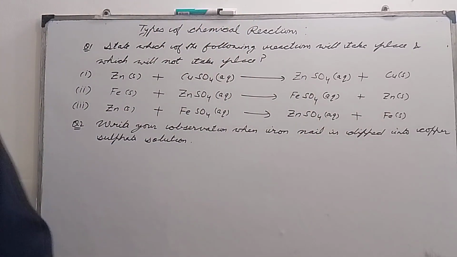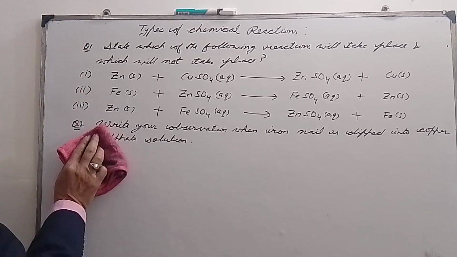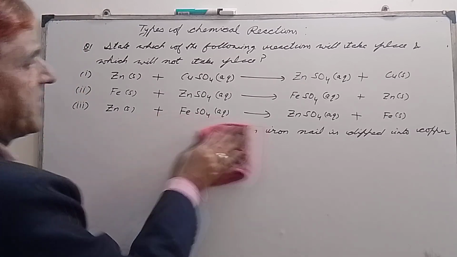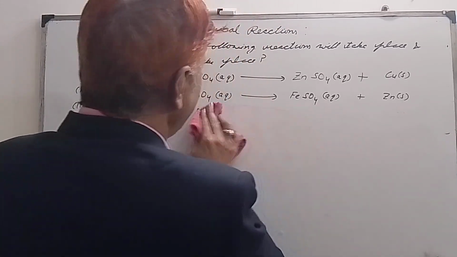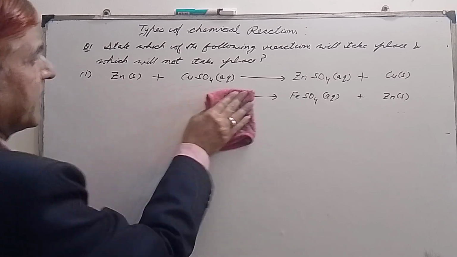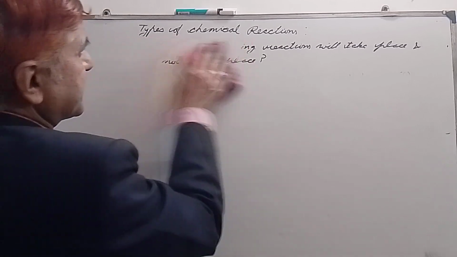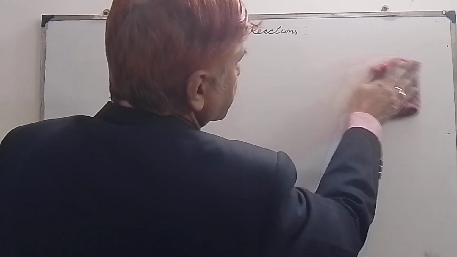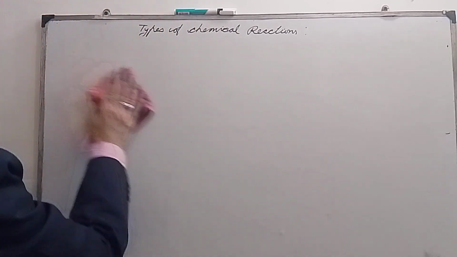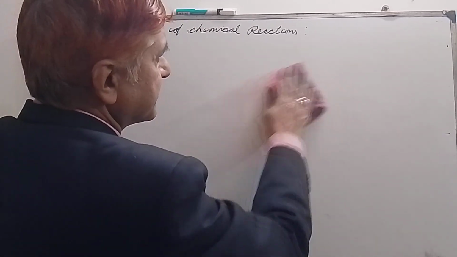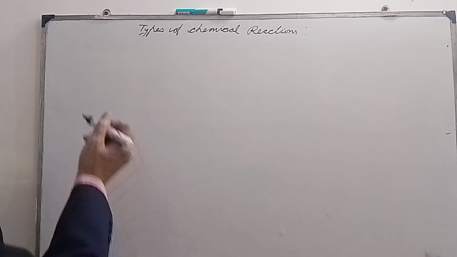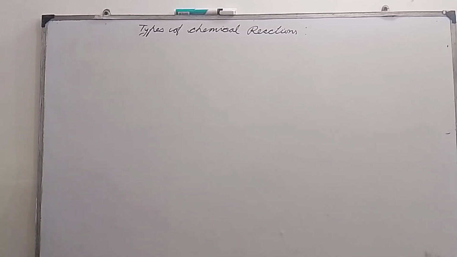My dear students, continuing our topic, types of chemical reactions. Today our topic is double displacement reactions. Double displacement reactions are also called precipitation reactions, because in double displacement reactions one of the products is a precipitate. Precipitates are formed, so we also call them precipitation reactions.